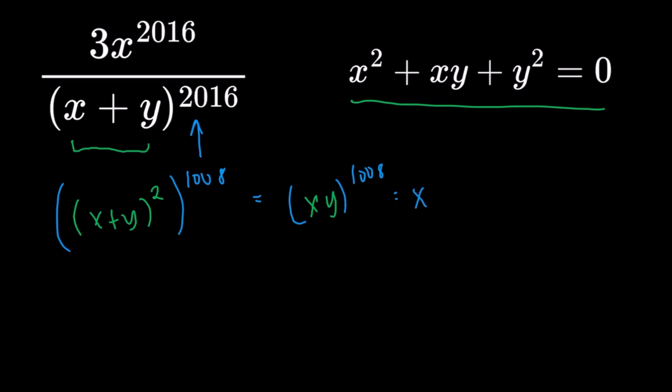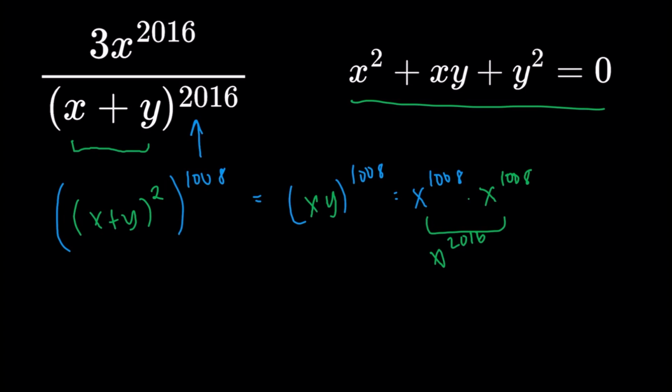We're going to have x raised to 1008, and then y raised to 1008 over here. Because we had the relationship x cubed is equal to y cubed, and 1008 is a multiple of 3, instead of y raised to 1008, we can write this as x raised to 1008 as well. And that's going to give us x raised to 2016. So apparently, the denominator is just x raised to 2016.